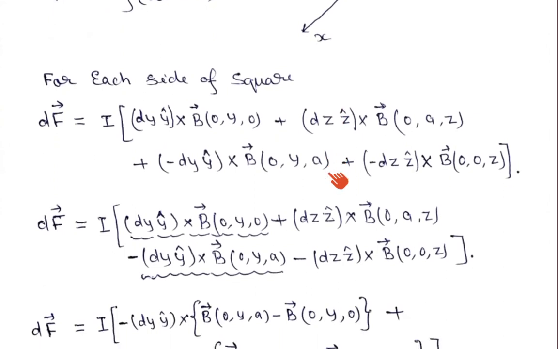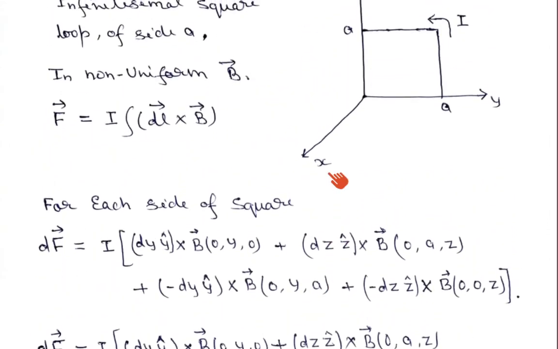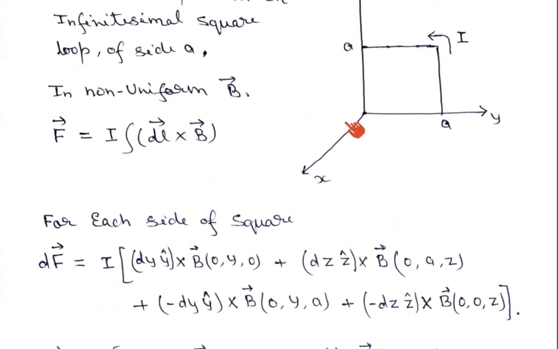If you do that, for this side the length is a. The displacement vector dl is along the plus y direction, since the current is along y, which is why I have written dy y unit vector.